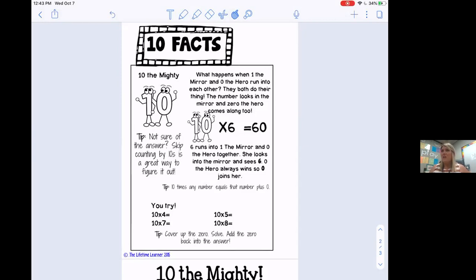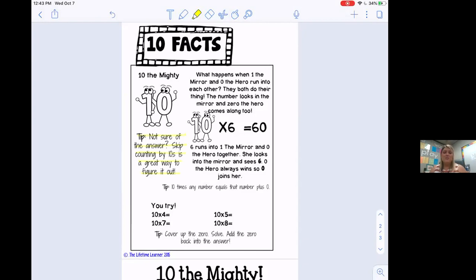Now, that's kind of a complicated way to remember how to multiply numbers, but if it works for you, you're welcome to use it. Another way that's a lot like 5, the skip count king, is we could just skip count by the number 10. I'm going to highlight really quick where it tells us that if we're not sure of the answer, skip counting by tens is a great way to figure it out.